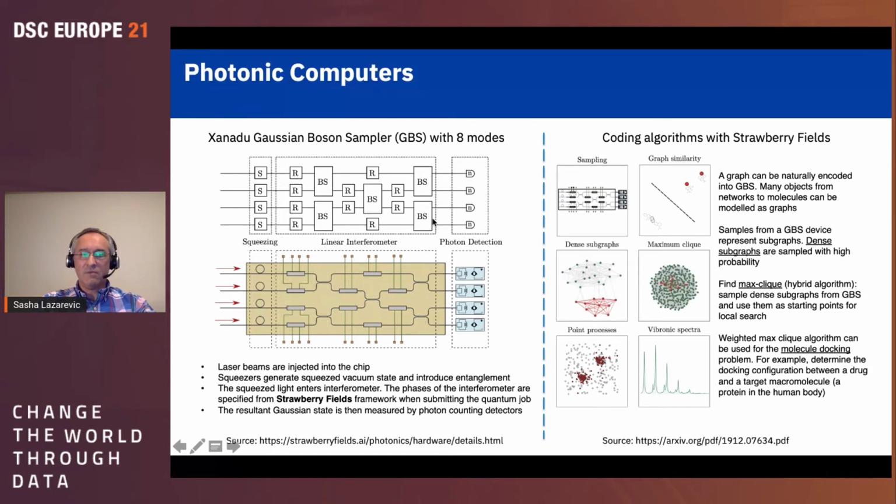Xanadu, who is producing this computer, also provides the programming framework, Strawberry Fields. You can use Strawberry Fields to code the parameters of these interferometer splitters and rotators. At the end, photons come to the photon detectors where they are counted, and we again get a probability distribution.